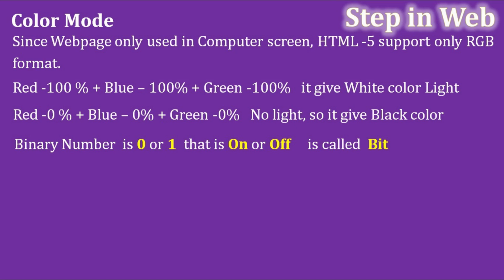All digital media works based on binary code. Binary code represents any data in a two-number system, that is 0 and 1, which is like the on and off of a power switch. A bit is the smallest unit of storage and it holds either 0 or 1, and a group of 8 bits is called 1 byte.